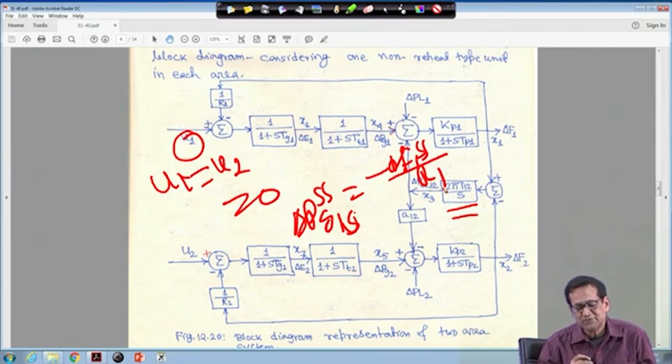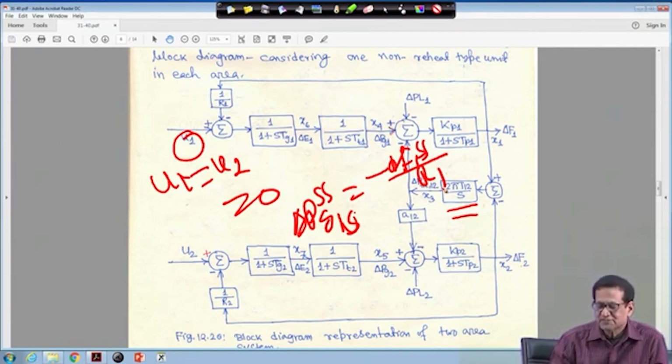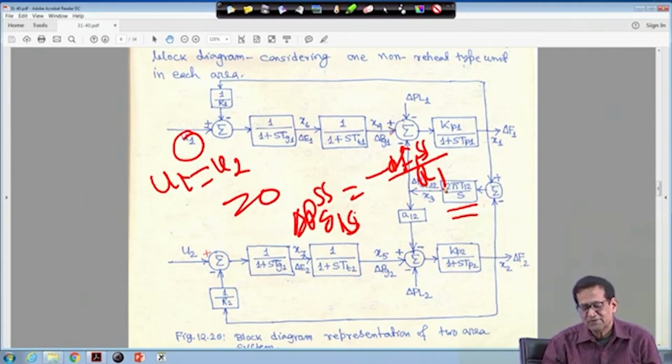This is known to us. Similarly for delta Pg2 Ss. So if you draw your steady state block diagram, then you have to put in all the steady state values, right.